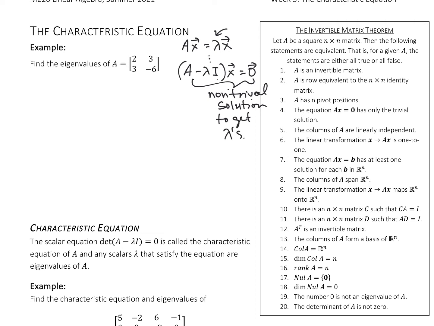If it only has the trivial solution, then lambda could be anything, and it doesn't matter anymore. We don't care. We want this for when that actually has a non-trivial solution.